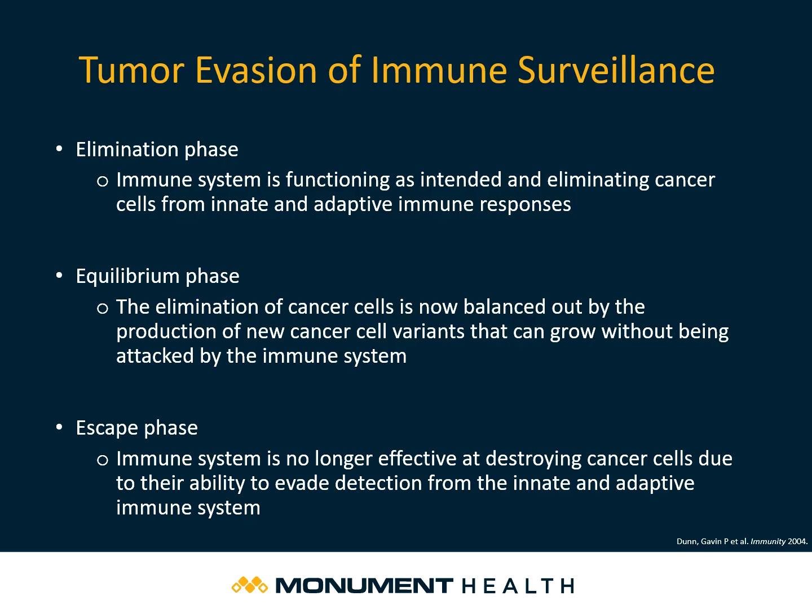In the equilibrium phase, the production of new cancer cell variants that are able to grow without being attacked by the immune system starts to balance out the rate of elimination of cancer cells that are still able to be detected and eliminated by the immune system. However, this gets to a point where the new cancer cell variants start to outpace the capability of the immune system to stop them from spreading to tissues and organs, and then this leads to poor health outcomes.